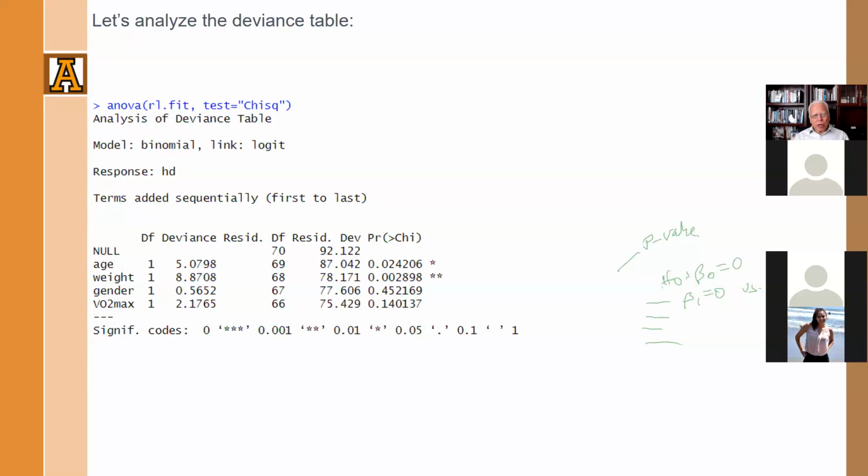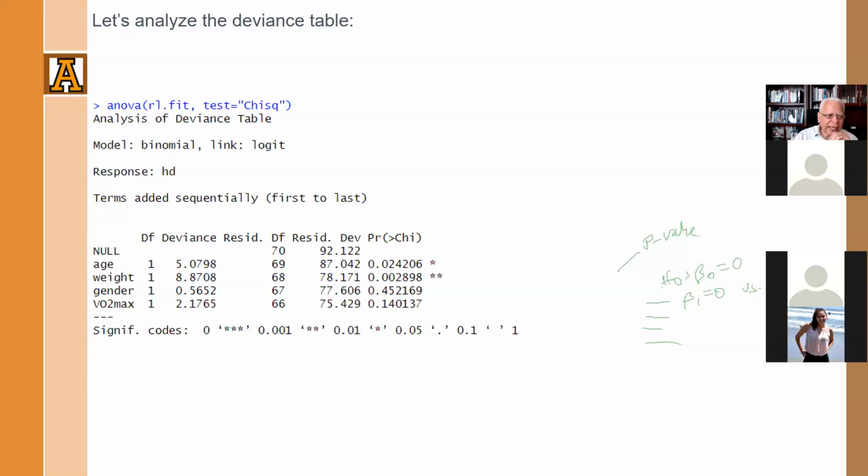And the test we're going to be using here is a chi-square test. This is different from the analysis of variance for a linear regression model. What we analyze here is the deviance.